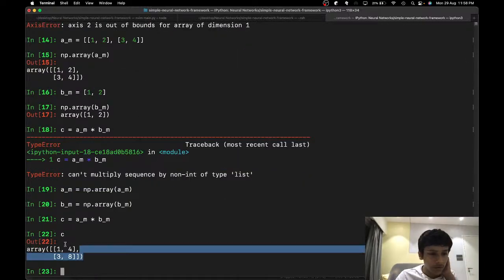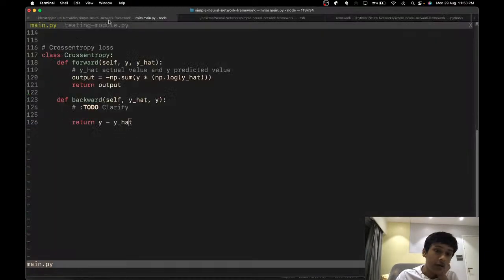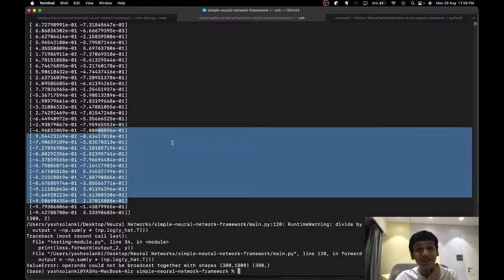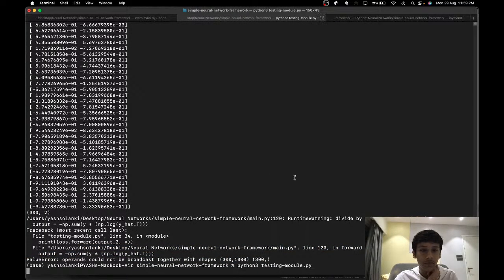Well, that worked. Why wasn't that working then? I was actually questioning the math that I knew when I saw that error. Could not broadcast shapes. Let's test it again.